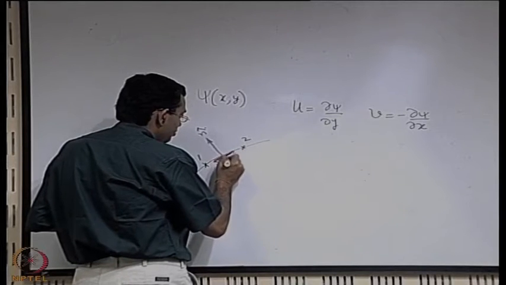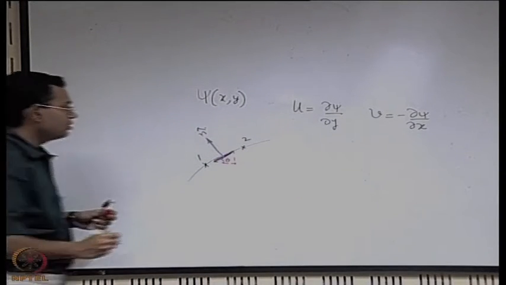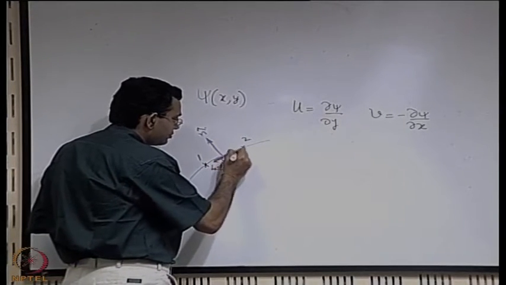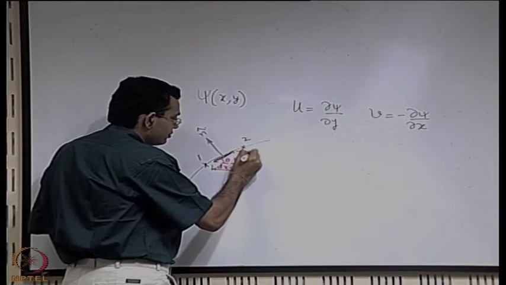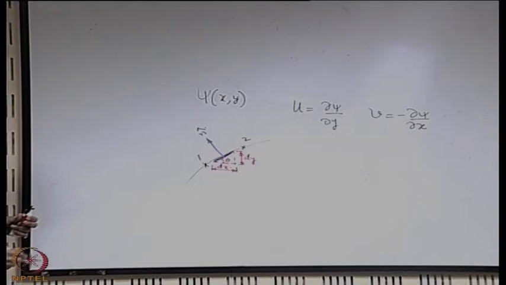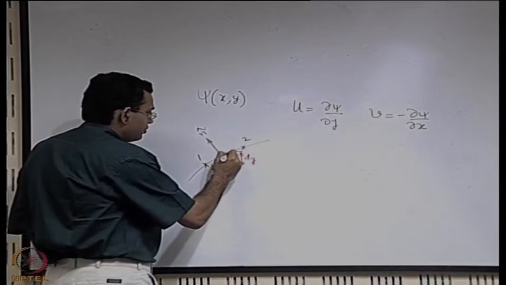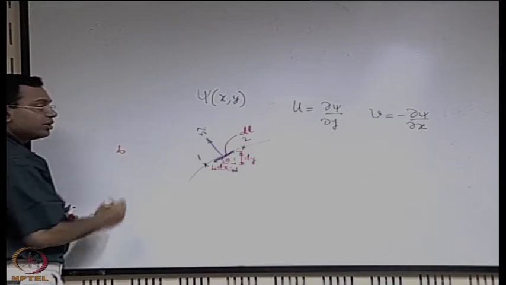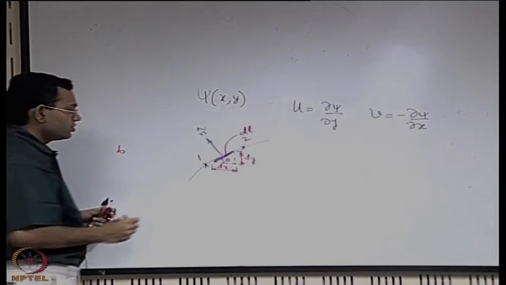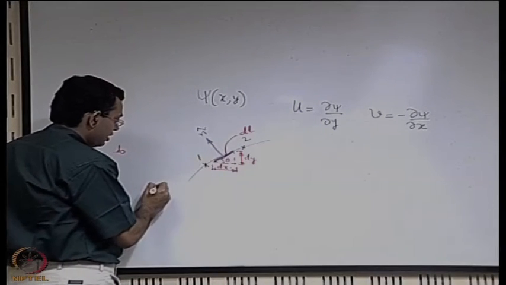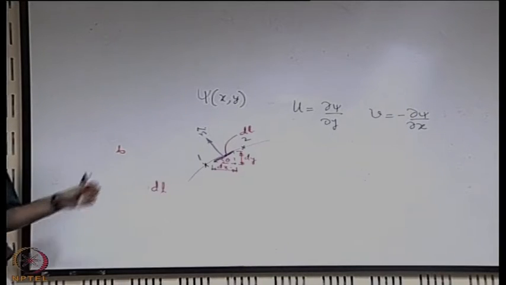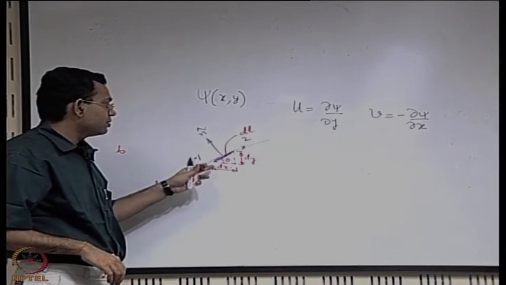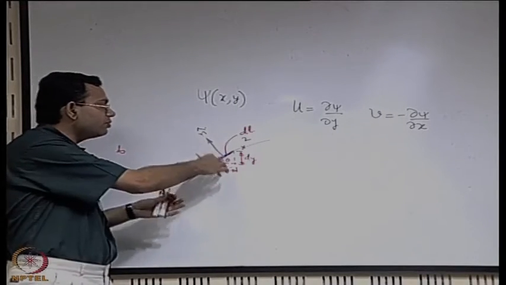So, if you mark this angle as theta, then you can write dl or decompose dl as dx and dy. The length of this is dl. Let us say that b is the width perpendicular to the plane of the figure. So, it is possible to write this dl and subsequently dA, which is dl into b, as a function of dx, dy and the orientation given by the angle theta.